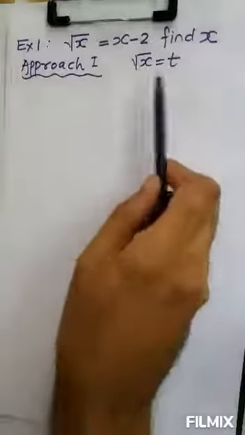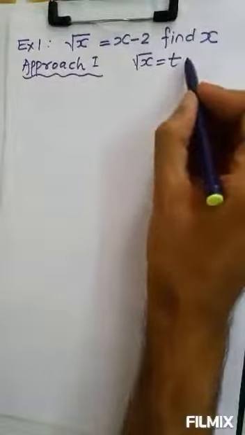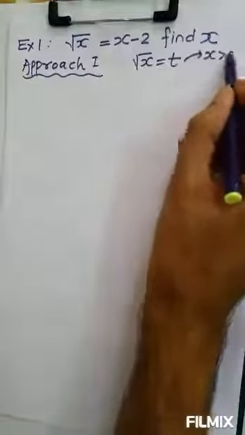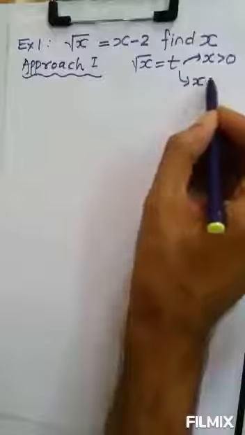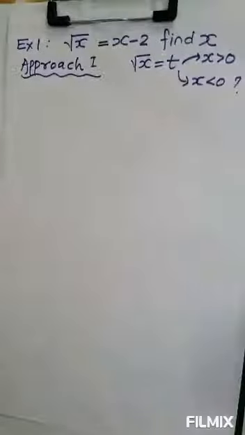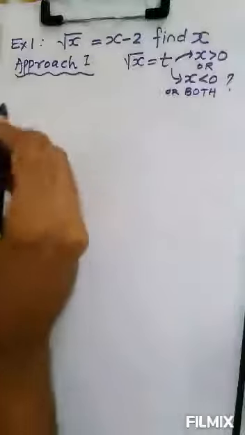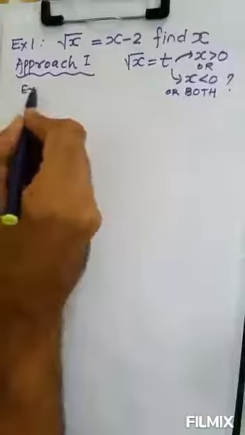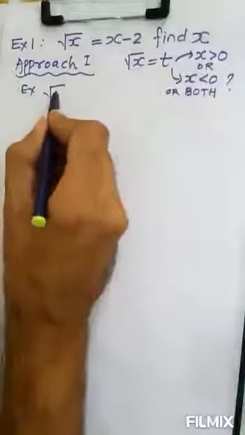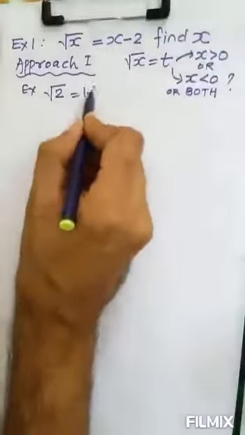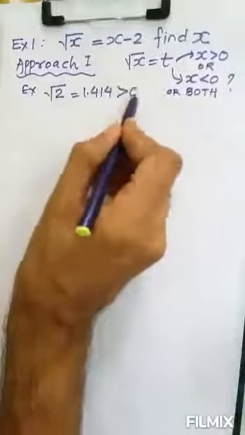If we are assuming root x as t, what is x? Is x positive, or negative, or both? If you are assuming root x equals t, x has to be positive. For example, if you put root x equals 2, you will get 1.414, which is positive.